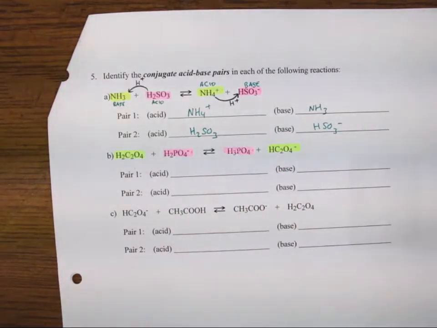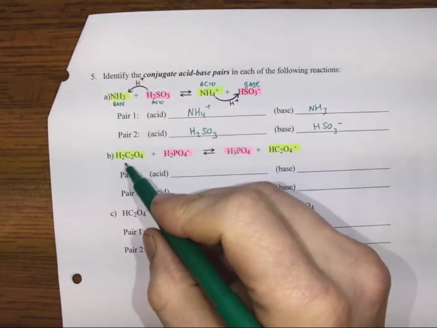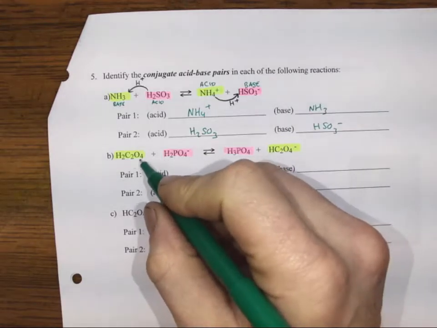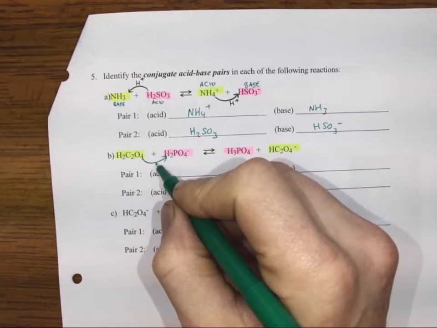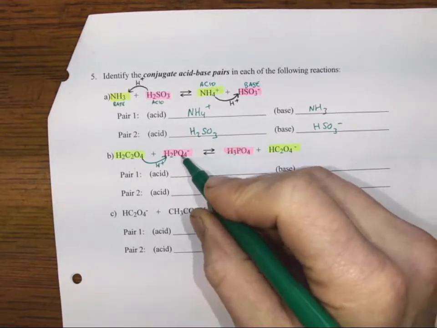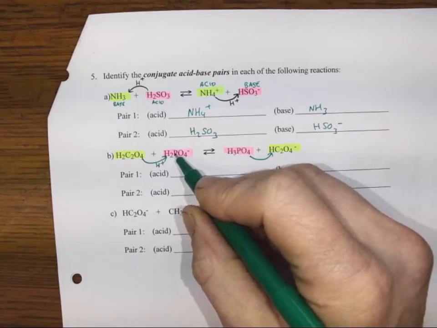Alright, so first things first, we decide which guy gains a proton. Looks like this guy loses a proton going from here to here. And looks like this guy gains one. So we'll say this guy is transferring a proton. And in the reverse direction, looks like this guy is losing a proton to form this one.